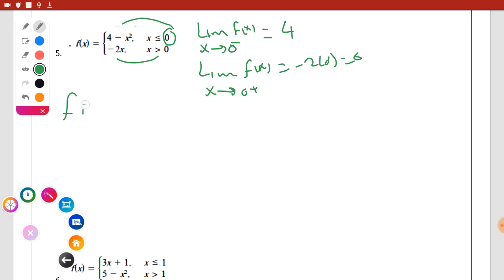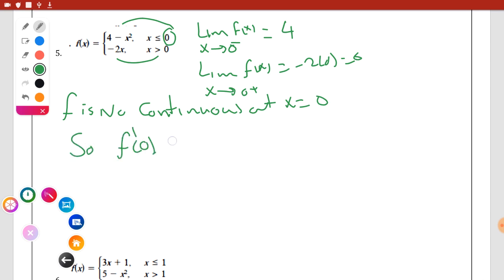f is not continuous at x equals 0. Since it is not continuous, the derivative at 0 does not exist, because for a function to be differentiable at a point, it must satisfy two conditions: continuous, and left-handed derivative equal to right-handed derivative.